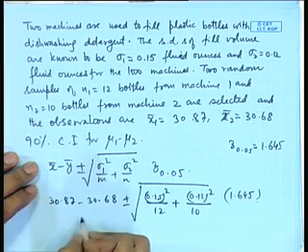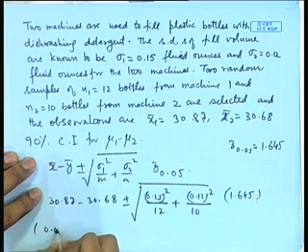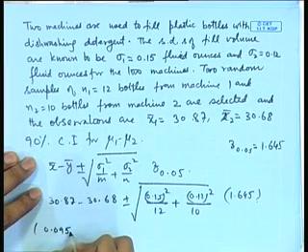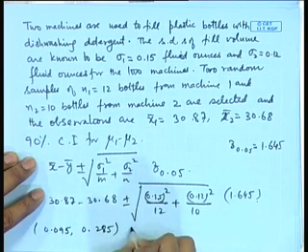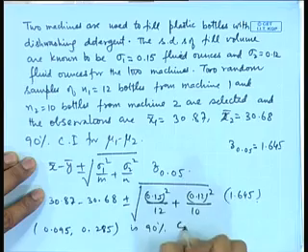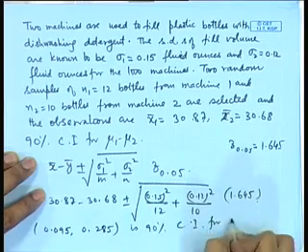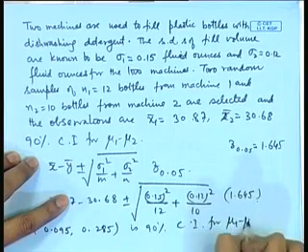So, after simplification these values turn out to be 0.095 to 0.285. So, this is the 90% confidence interval for the mean difference, that is mu 1 minus mu 2.